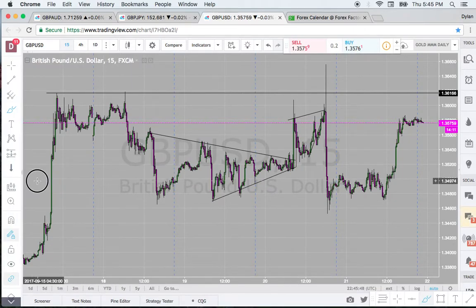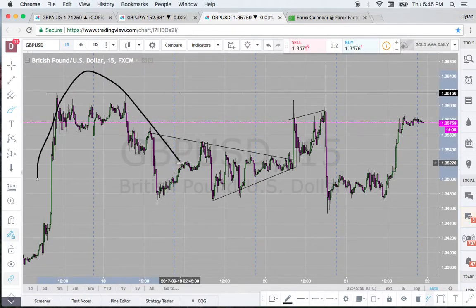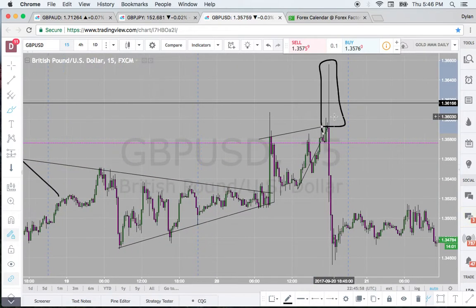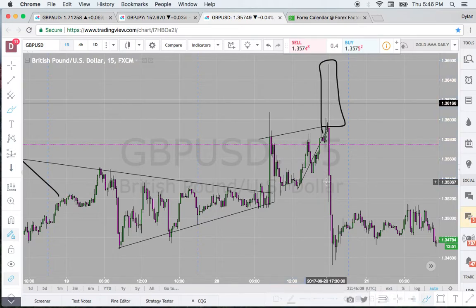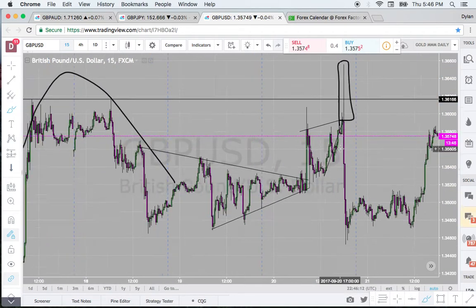The stop hunt for the first leg was induced by a breakout of this wedge. So you can see this wedge here, and then it was like a big spring being lifted off or being let loose.